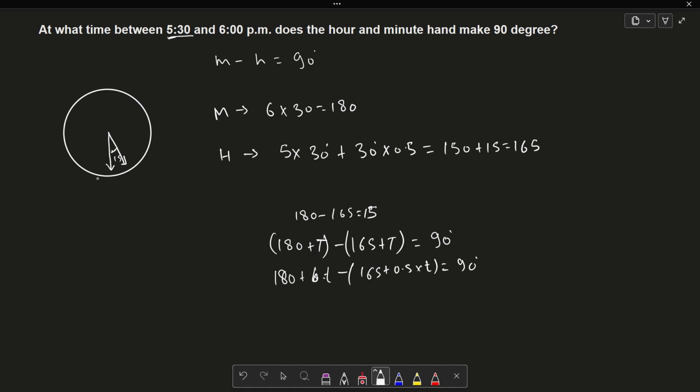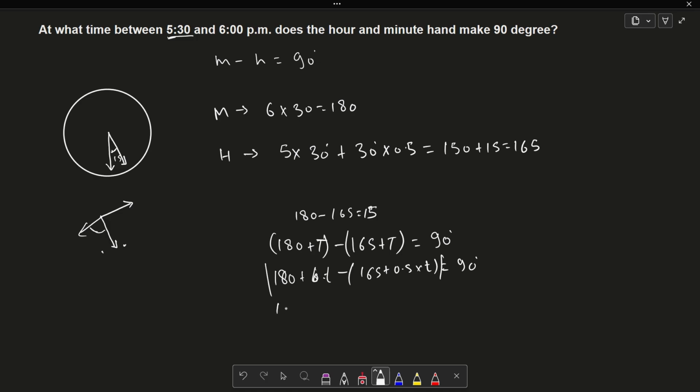And you can see between 5 and 6, suppose your hour hand is here, our minute hand can make 90 degrees by this or this. So it can be clockwise or anti-clockwise both. So you have to just take the modulus of it, and when you remove the modulus, you will get plus minus over here, right?